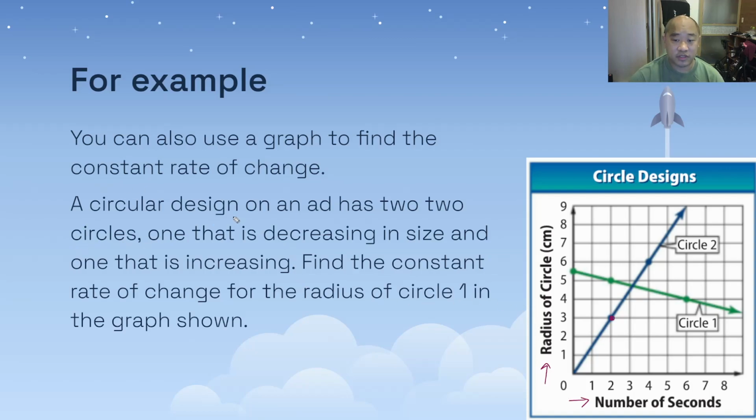So a circular design on an ad, perhaps a YouTube ad or something, has two circles. One is increasing in size, one is decreasing in size.